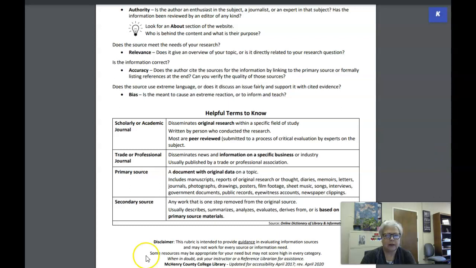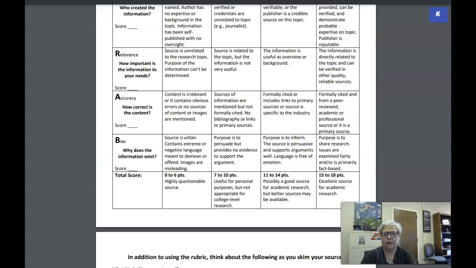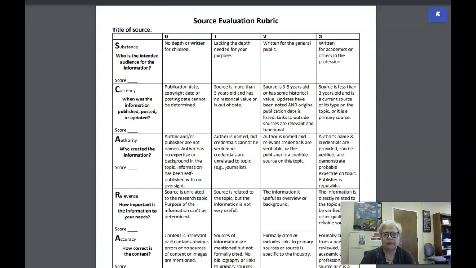There are some definitions down here on this too. I've already talked about the primary and the secondary sources, and scholarly or academic journals and trade or professional journals. I'm going to ask you later on in your research to look for certain things.